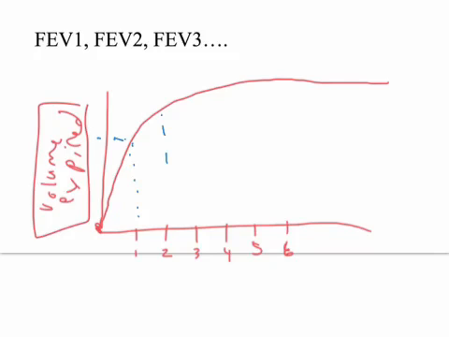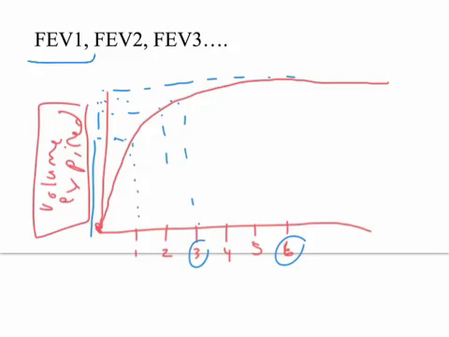At 2 seconds, we get FEV2. At 3 seconds, we get FEV3, which is just barely going up. So you see that the first second, it goes up the most. Second, it goes up a little bit more. It goes up less with each subsequent second, and then eventually you get to where it flattens out and you're not breathing out anymore. And that usually happens somewhere between 3 and 6 seconds.